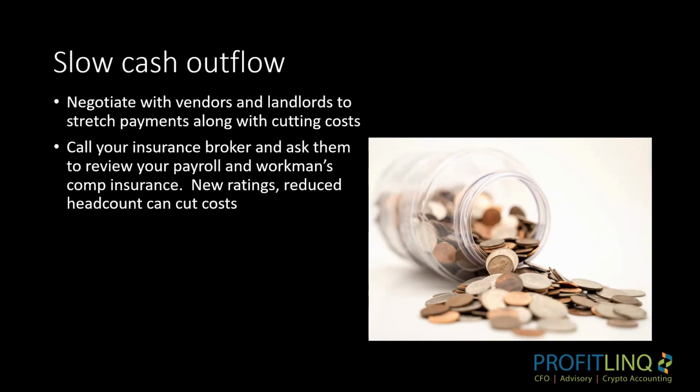So the other thing you can do is call your insurance broker and ask them to review your payroll and workman's comp insurance. There's new rebate. You may qualify for new ratings if you have people who are getting paid but are not working, whether you're using the PPP funds for that or not. There's a separate rating classification for those now, and you basically can reduce your workman's comp insurance.